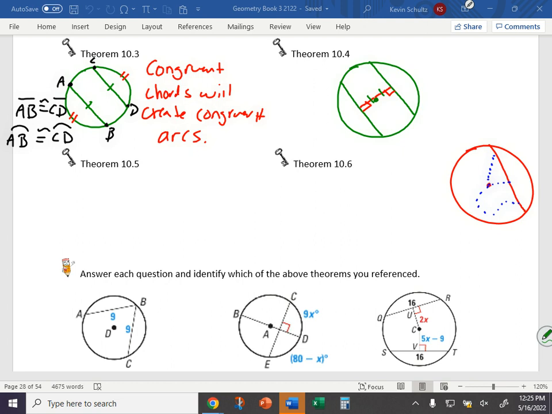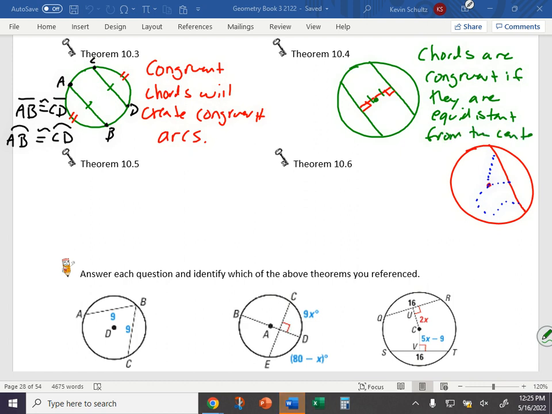So congruent chords will create congruent arcs and vice versa. Chords are congruent if they are equidistant from the center.